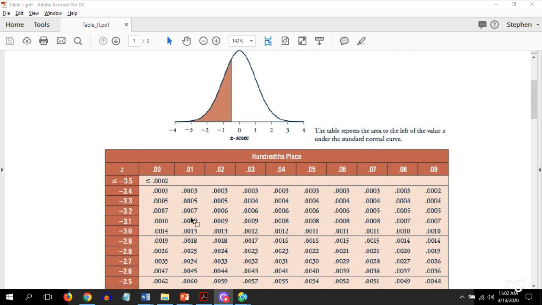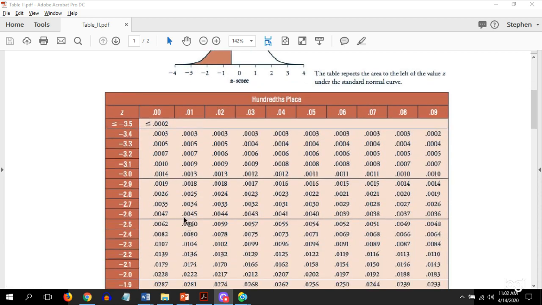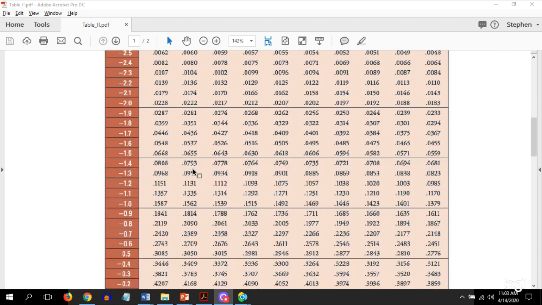Okay, so for example, we are looking for negative 1.02183. Now we can't go any farther than the hundredths digit. That's as good as the table does for us. But I'm going to scroll my way down until I get to negative 1.0, and then I want negative 1.02.